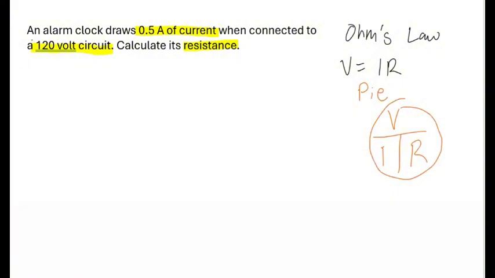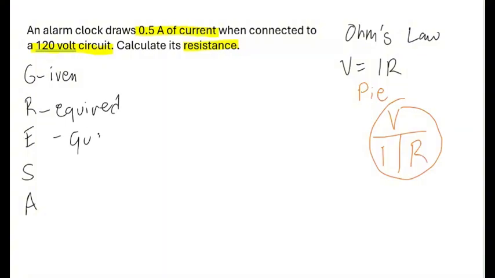Whenever you answer a word problem, don't forget the GRESA method. G is for given, R is for required, E is for equation, S is for solution, and A is for answer.